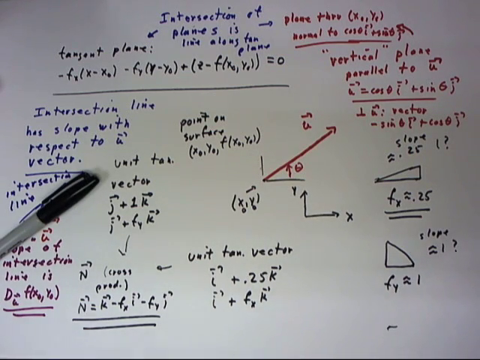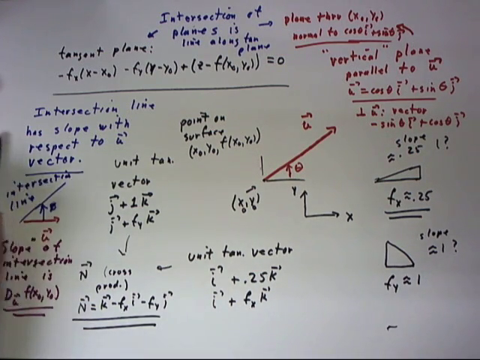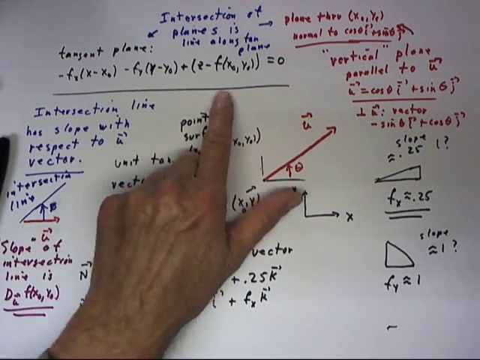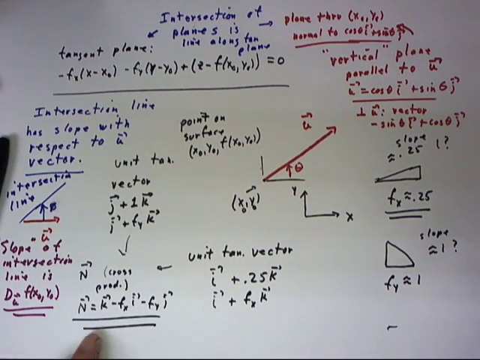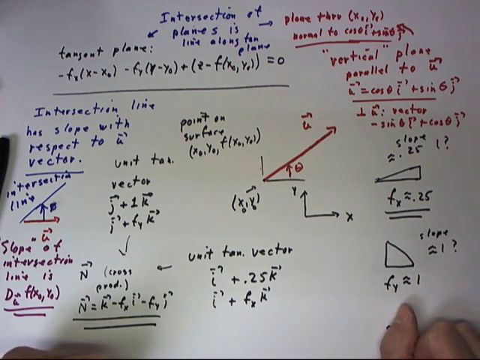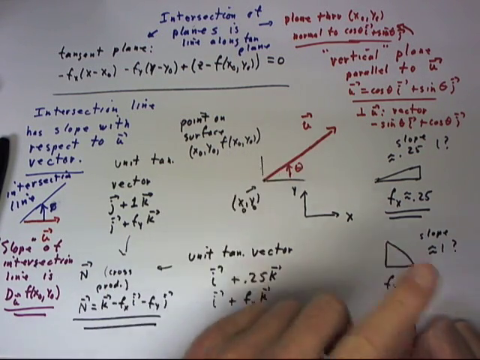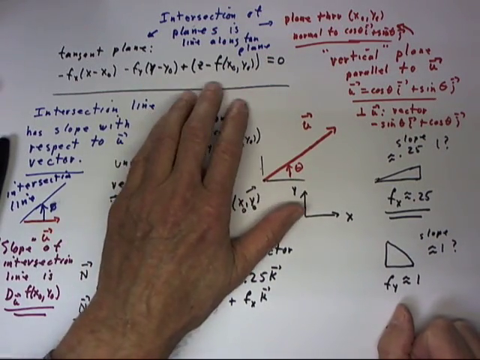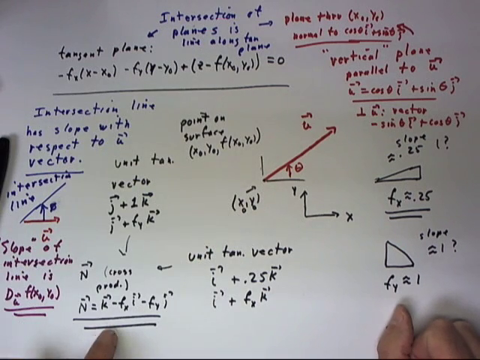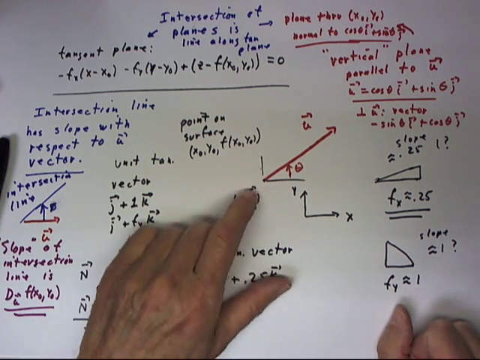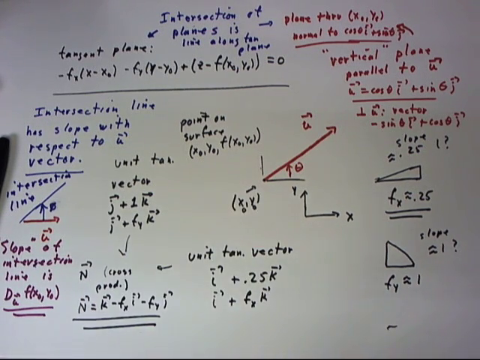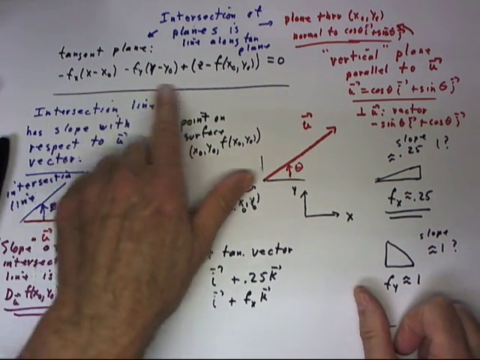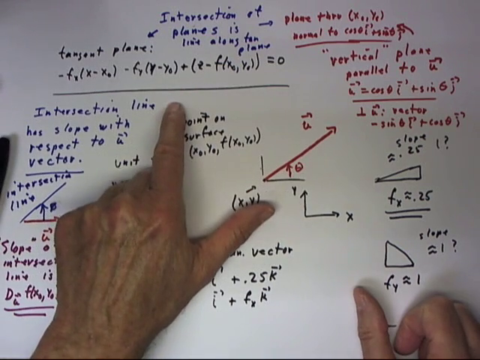The tangent plane, which can be obtained by methods we're not going to repeat here: we simply dot the normal vector with a vector from the point (x0, y0, f(x0, y0)) to a general point (x, y, z). Taking that dot product and acknowledging that the point (x, y, z) will be on the plane provided that dot product is 0, we get the equation of the tangent plane.